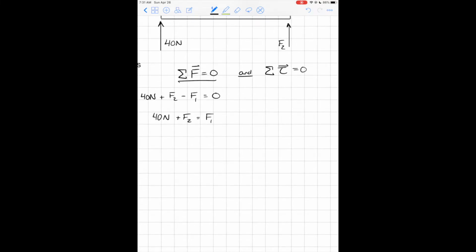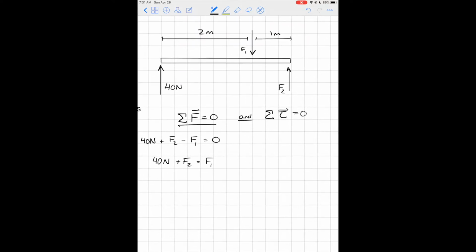That's as far as I can go on the force side of this problem, but I still have the torque side. Now, I need to place a pivot point, a point of rotation, and any point is as valid as another. I could place the pivot point here, I could also place it here, and finally I could place it here.